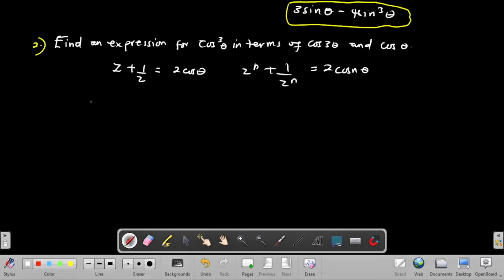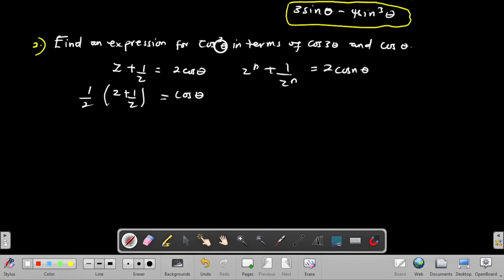So now let's check. If I have cos cube theta, what does that mean? I simply make cos theta the subject, then cube it. So to make cos theta the subject, I'll say that 1 over 2 multiplying z plus 1 over z is equal to cosine theta, right?